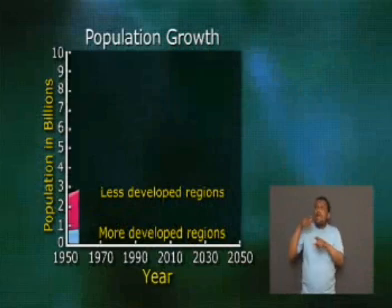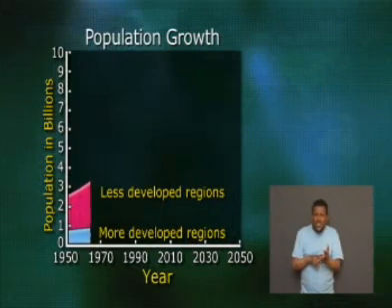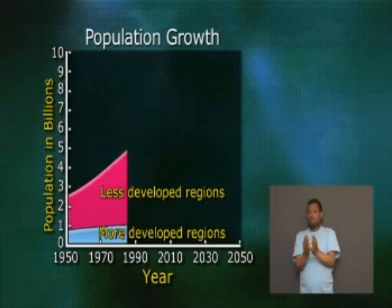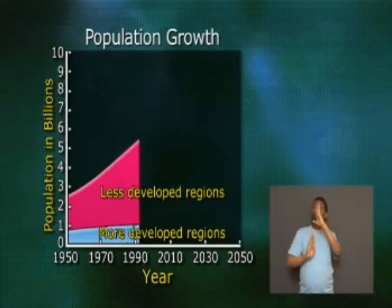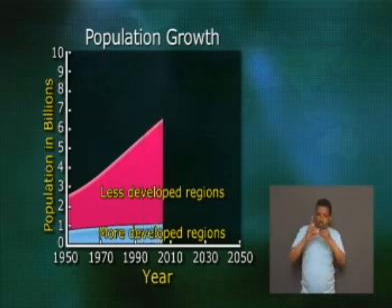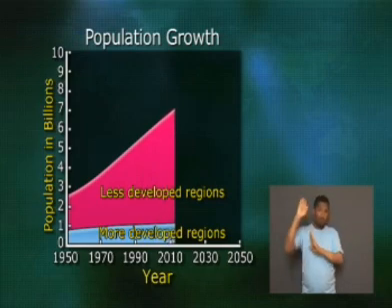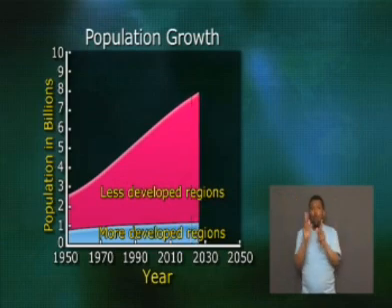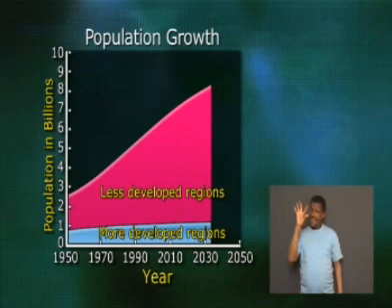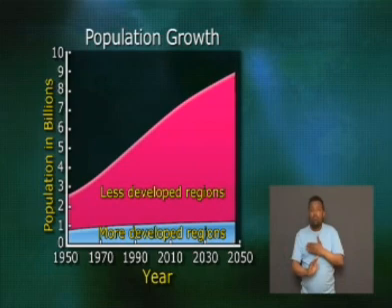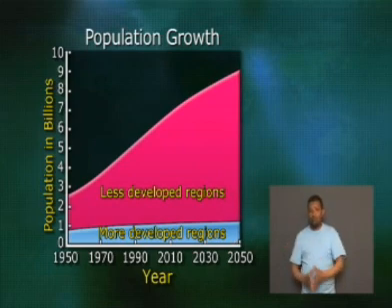As of the year 2000, almost 4 times as many people were living in the less developed nations of the world compared to the developed nations. The nations which we define as being developed represent 20% of the world's population. 9 out of every 10 babies born now are born in less developed countries.